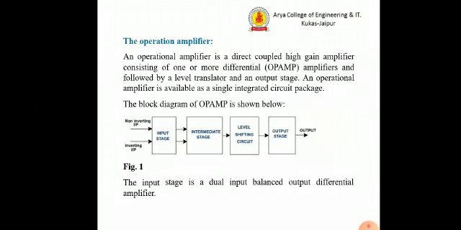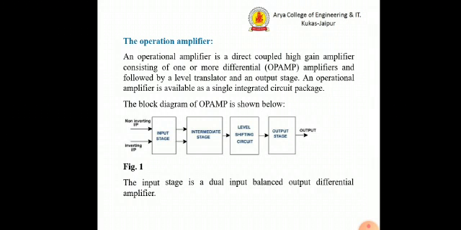It is a cascade of an input stage, which is basically a dual input balanced output differential amplifier, which we have already discussed in our earlier lecture. Next is known as the intermediate stage. This one is a dual input unbalanced output type of differential amplifier.